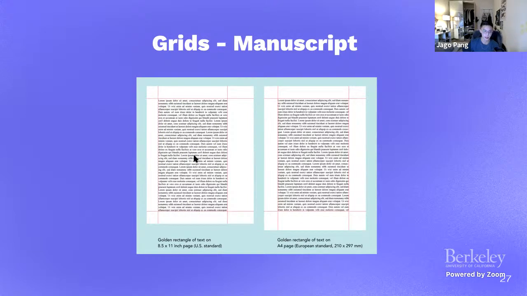If you're making a manuscript or a very text-heavy asset, you would use a manuscript layout, which has one big module or spatial zone to write your text in.